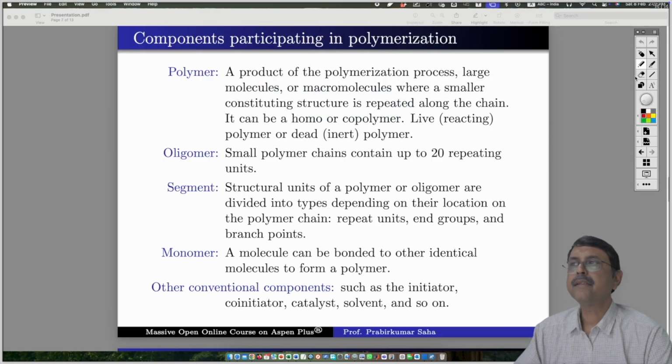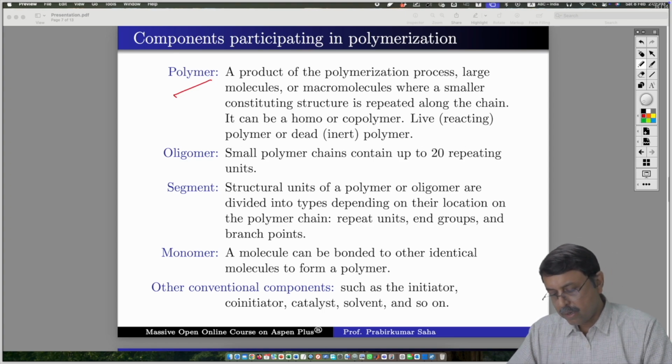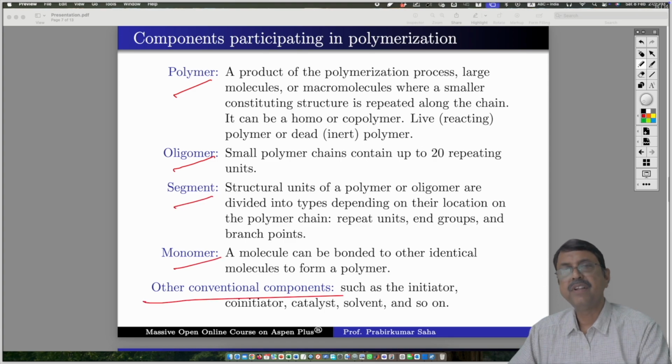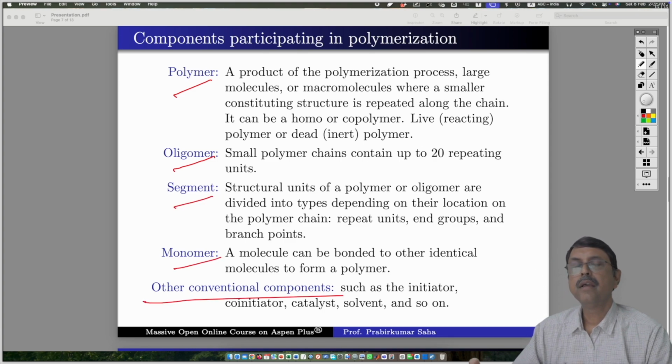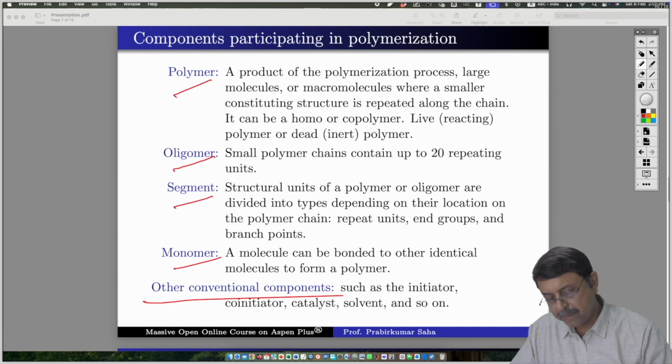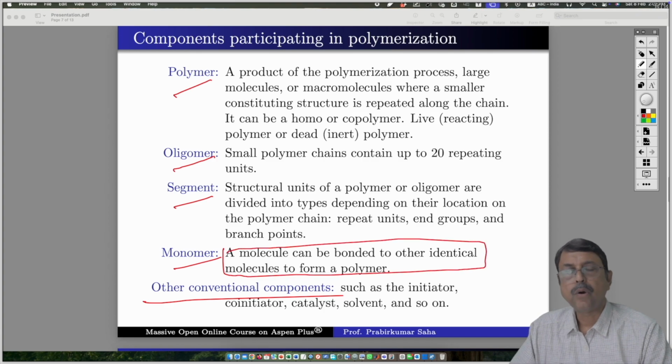Now let us understand what are the components that participate in polymerization, because when we add the components in Aspen Plus, we have to identify those components, whether it is a polymer or an oligomer or a segment or a monomer or other conventional components. So based on the identity, its activity will be defined. For example, monomer is a molecule that can be bonded into other identical molecules to form a polymer.